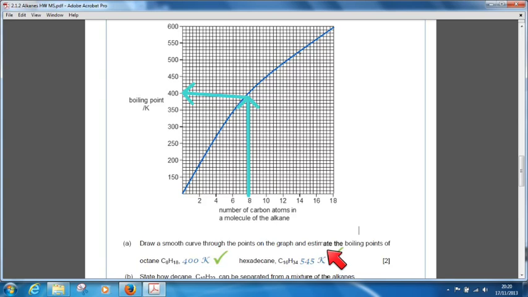The next question is talking about hexadecane, which is 6 plus 10, giving us 16 carbons, and again drawing up from here and across will give you approximately 545 Kelvin.